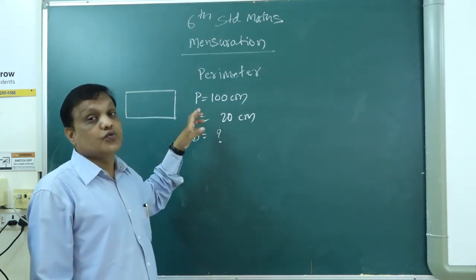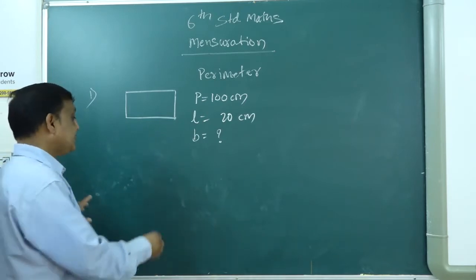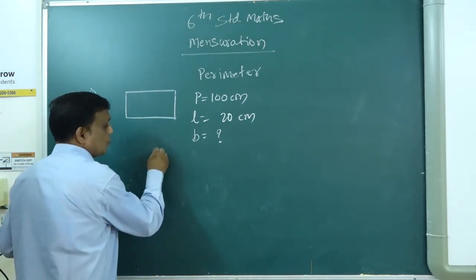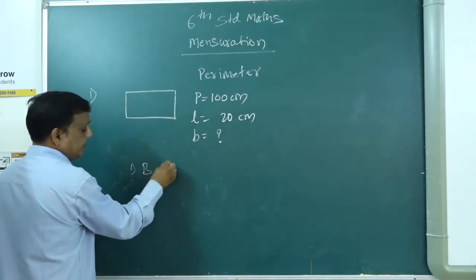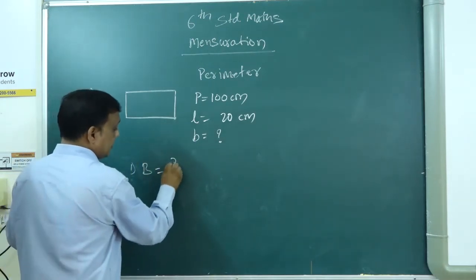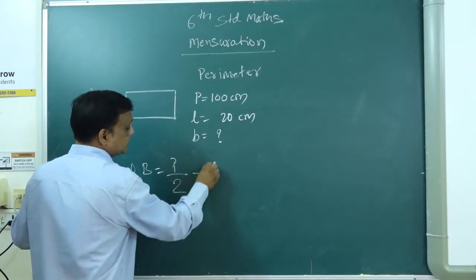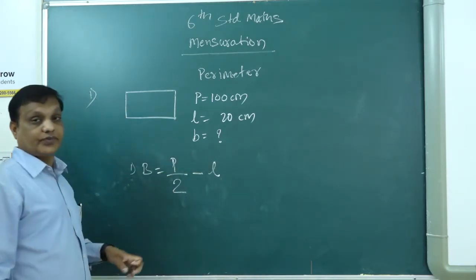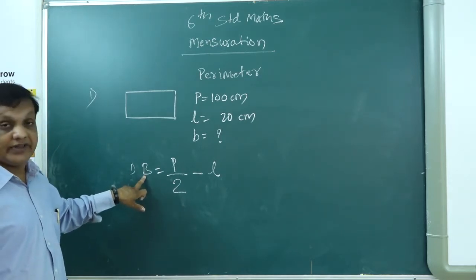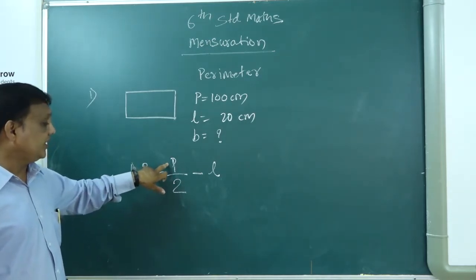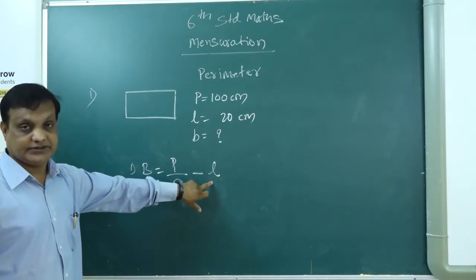So what is the formula when perimeter is given? Breadth is not given, so breadth B is equal to perimeter divided by 2 minus length.